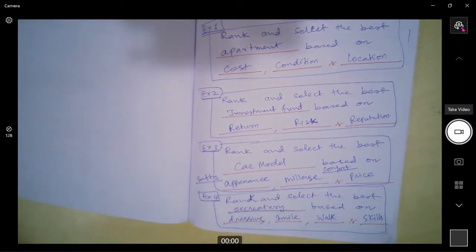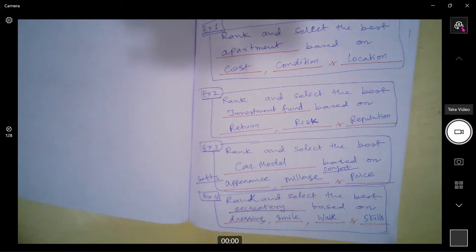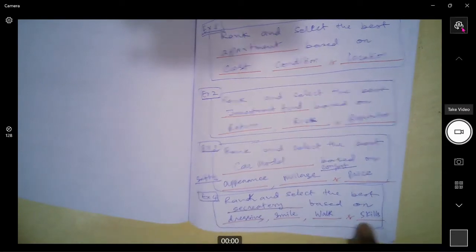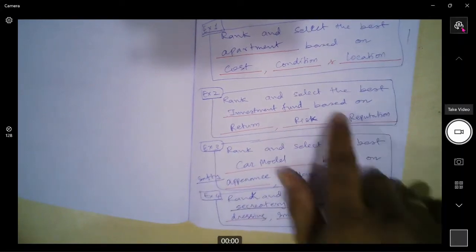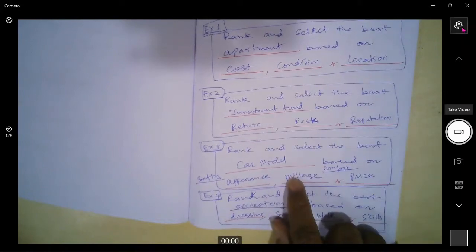The CEO will give a different weightage to these criteria, and HR may give different weightage, and the project team lead may give different weightage, and so on. Some people, as I was saying, give more importance to skill, and some people give more importance to dressing, smile, or walking, or whatever. So the same with all other examples also.